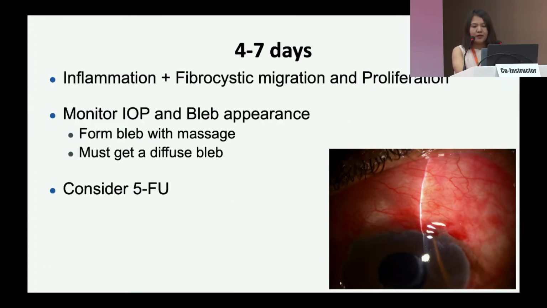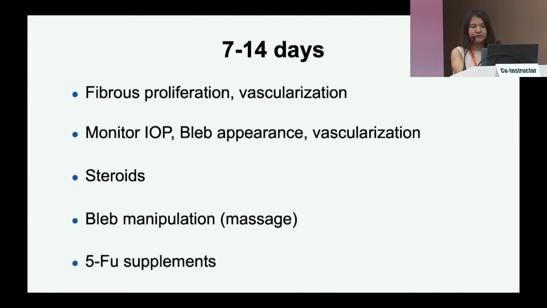Up to 1 week of the surgery, inflammation and fibroblast migration and proliferation is still going on. We must keep on monitoring the intraocular pressure and look at the appearance of the bleb, and always, as Sir has described, keep on giving massage at every visit to form a diffuse bleb. And you may consider at 1 week again giving a 5-FU injection.